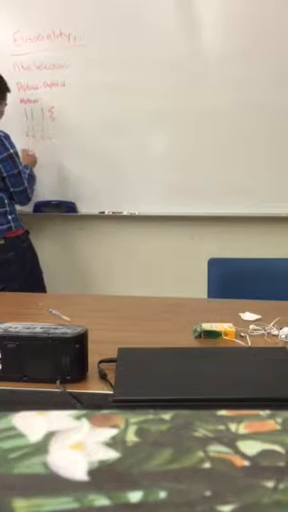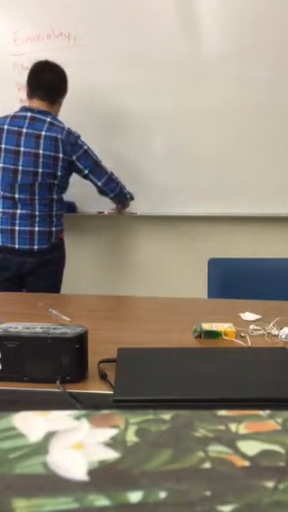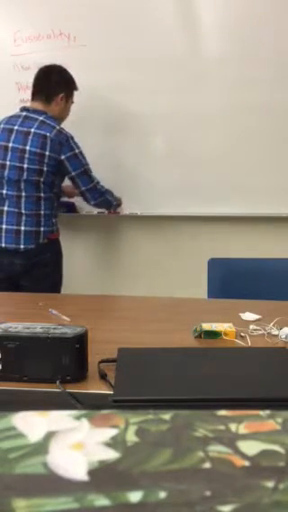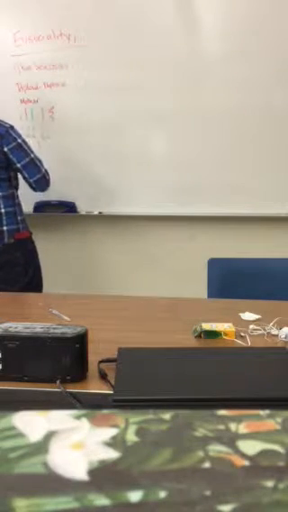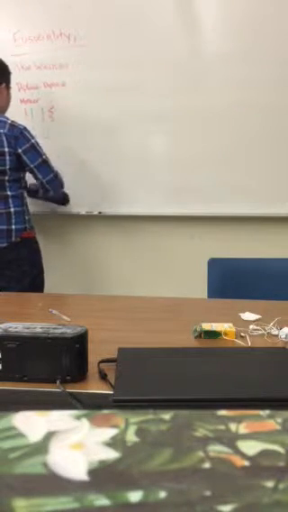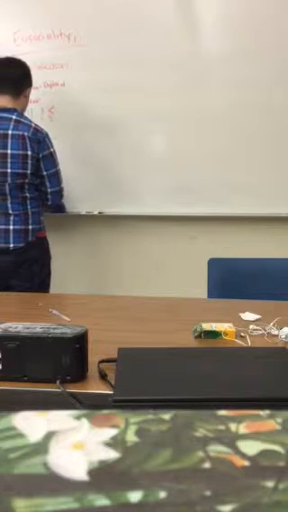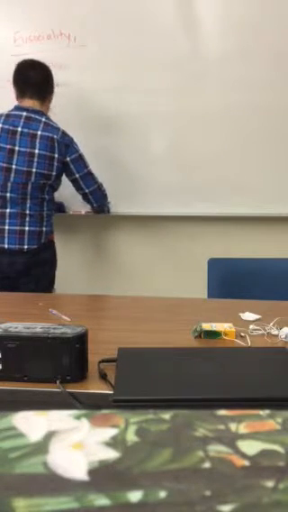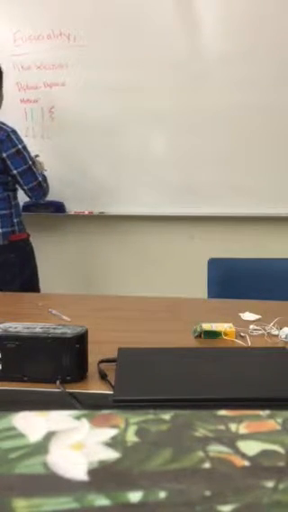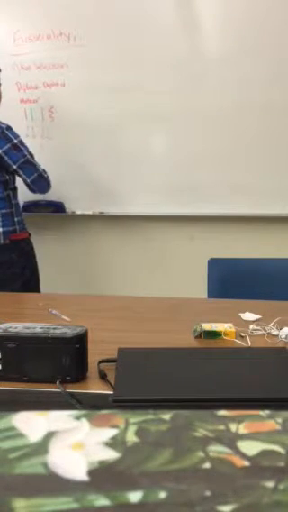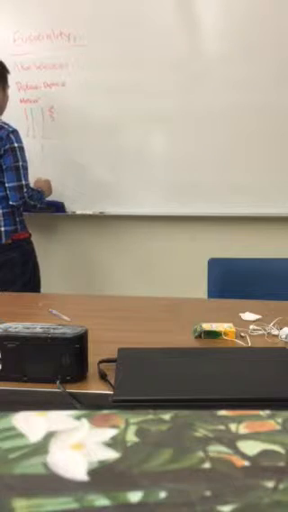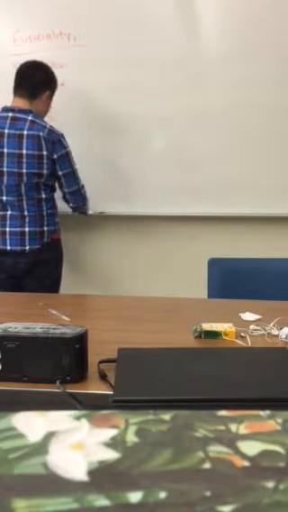So this is the offspring. It's going to have maybe half of this, and maybe the other half is like this. And this is recombination.